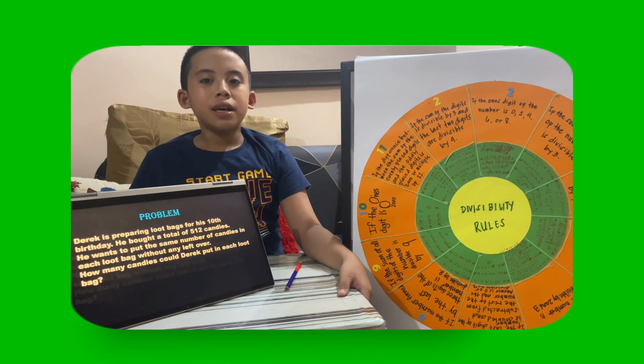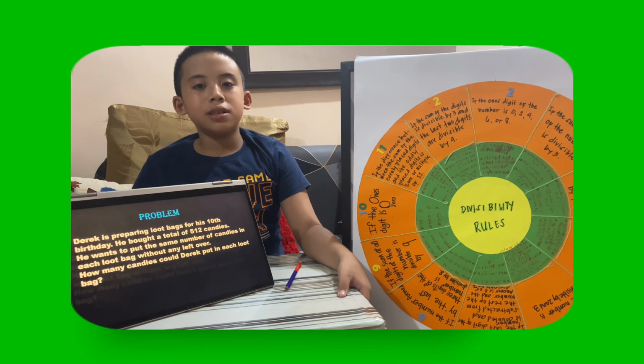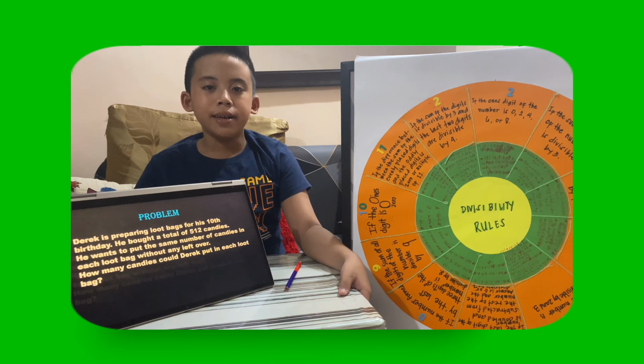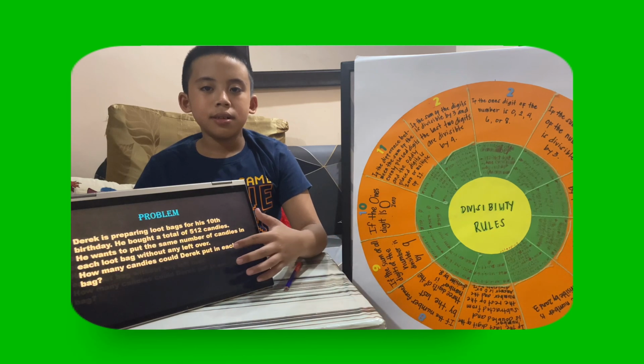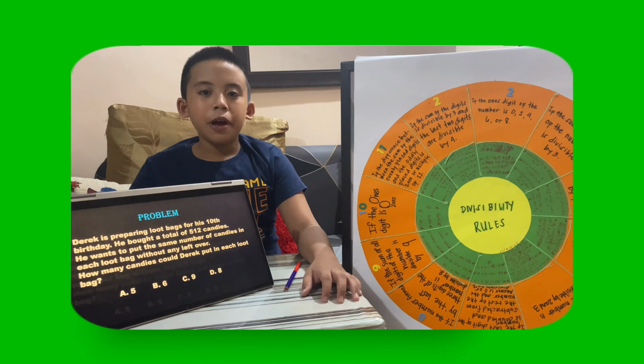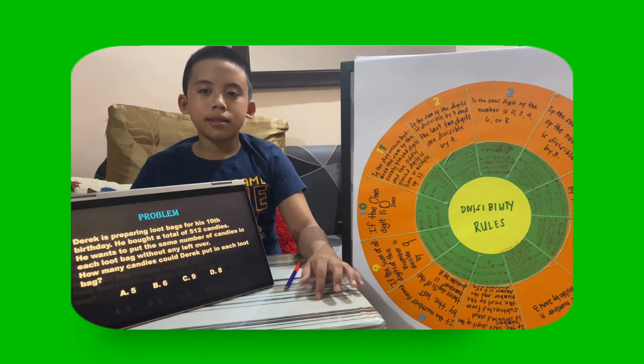He wants to put the same amount of candies in a loot bag without any left over. How many candies could Derek put in each loot bag? A, 5; B, 6; C, 9; or D, 8?